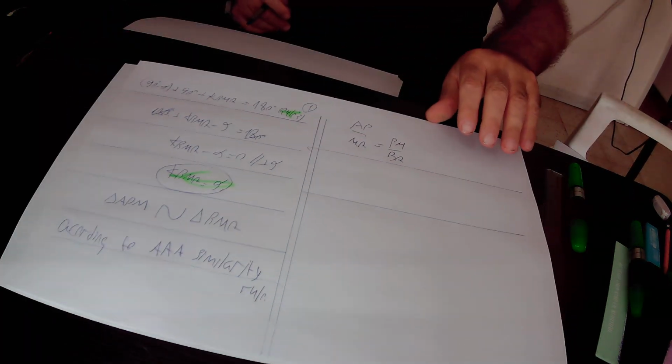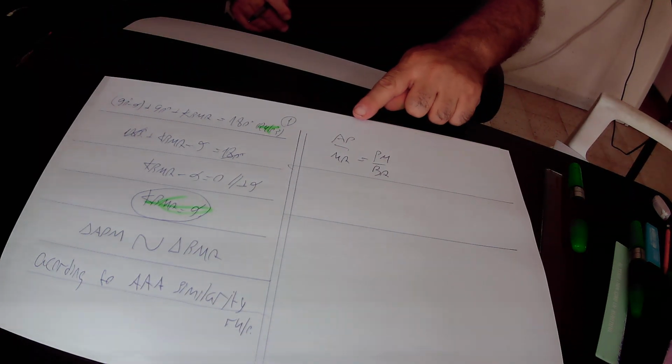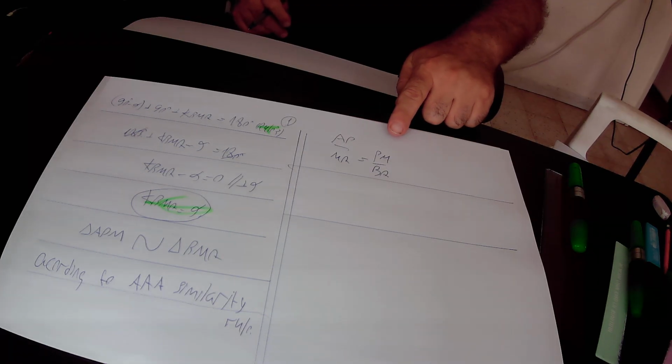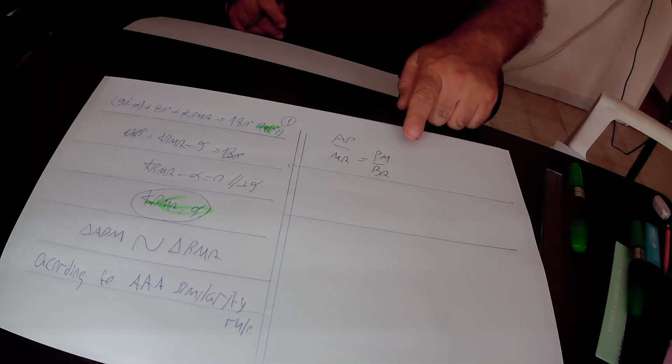We derive that side AP of the big right triangle APM over side MQ of the small right triangle BMQ is equal to side PM of the big right triangle APM over side BQ of the small right triangle BMQ.